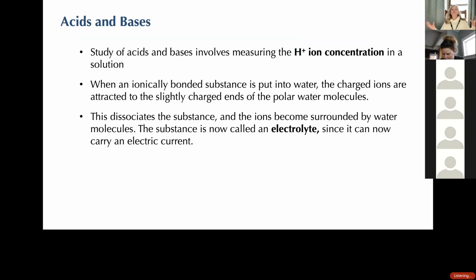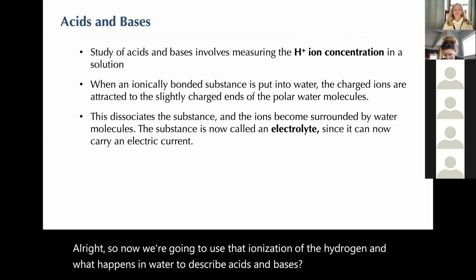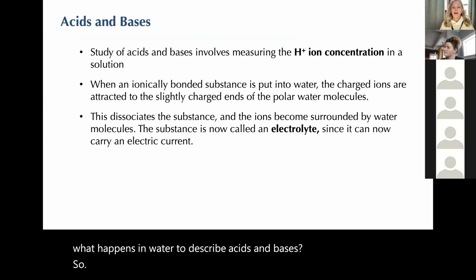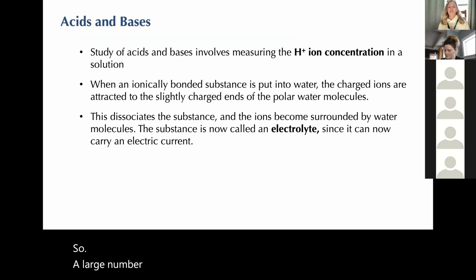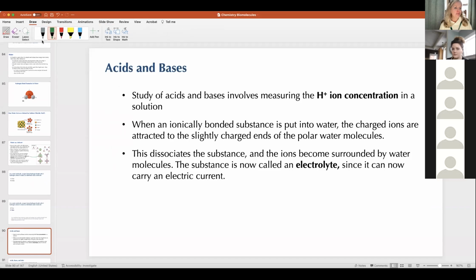All right. So now we're going to use that ionization of the hydrogen and what happens in water to describe acids and bases. A large number of hydrogen ions, those protons, right? Remember H plus right here. H plus is simply hydrogen, with its one proton in the center, one proton positive, and then in its valence, it has the one electron.